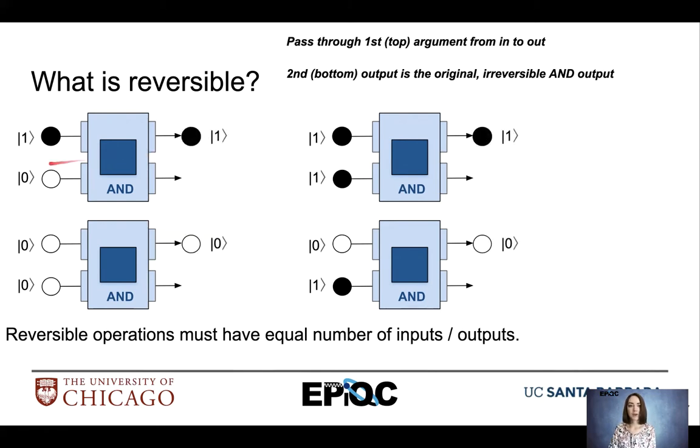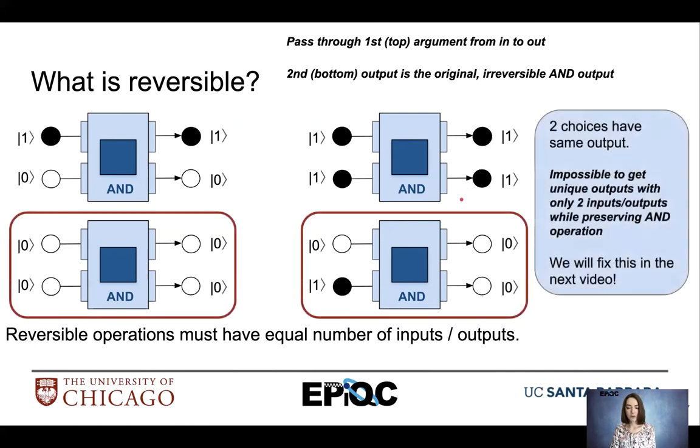So here we have the 1 passing through and the 0 passing through. And then our second output, the bottom output, is going to be equal to the AND gate's original output with the input values. So here we have 0, 0, 0, and 1: 1 if and only if both inputs are equal to 1.